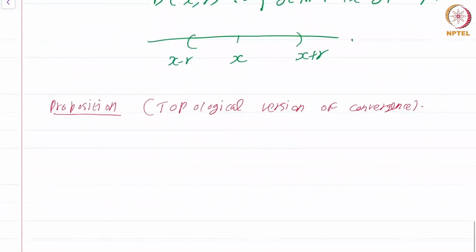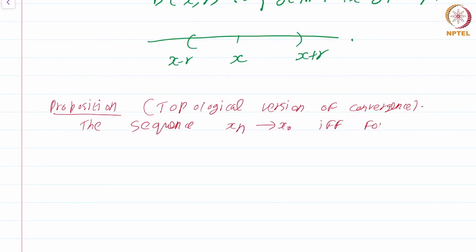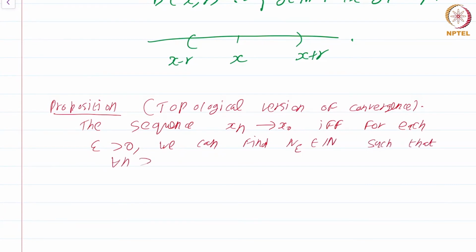The sequence xn converges to x0 if and only if for each epsilon greater than 0 we can find n epsilon in the natural numbers such that for all n greater than n epsilon, xn is there in B(x0, epsilon), the open ball of radius epsilon centered at x0.